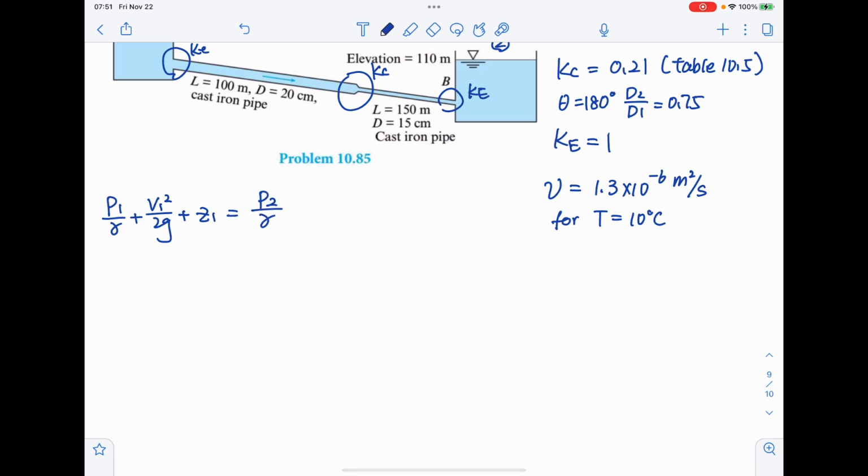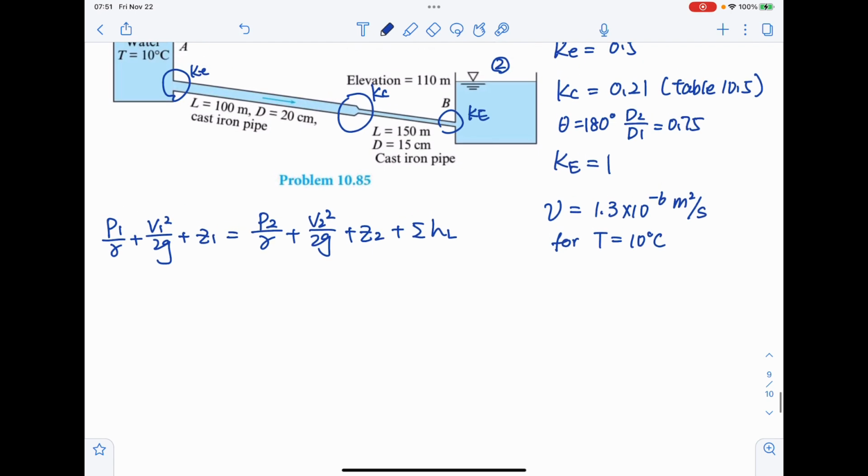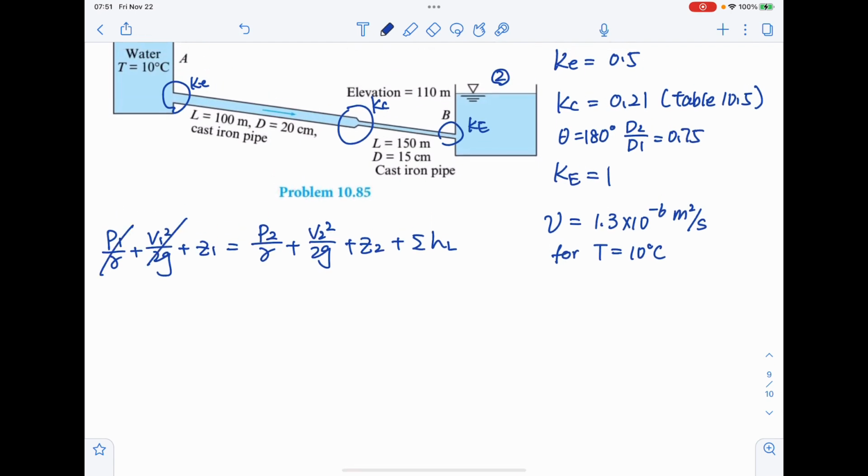P2 over gamma, V2 squared over 2g, plus Z2, plus the head losses term. So P1, V1 is 0, P2, V2 is 0. We only have the difference of elevations and head losses.